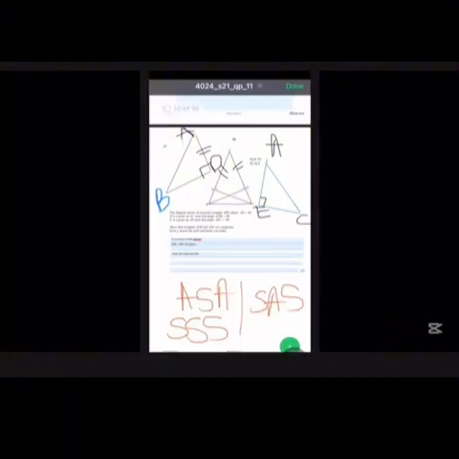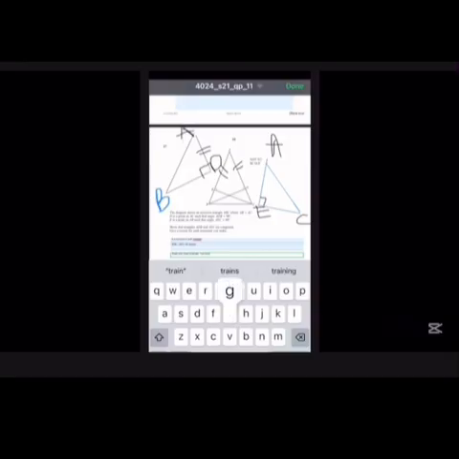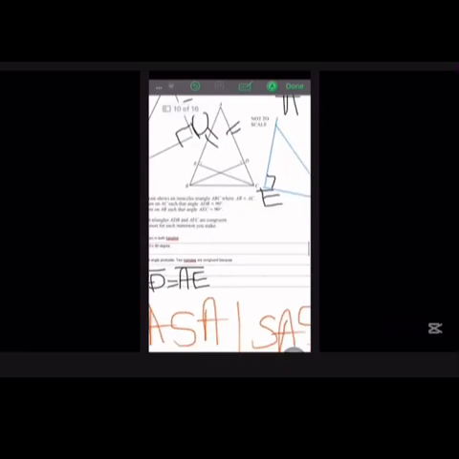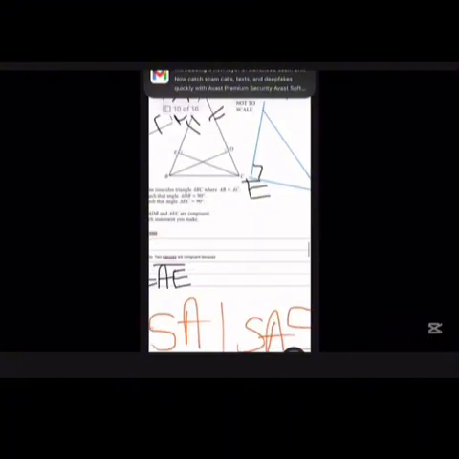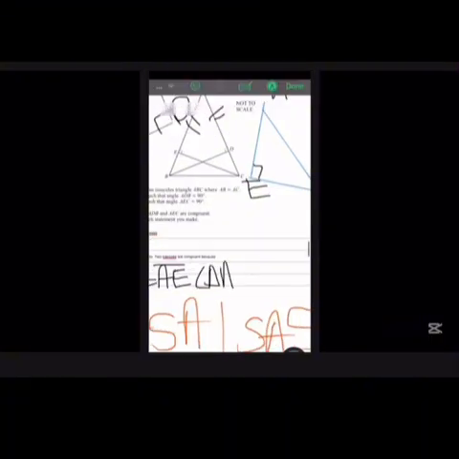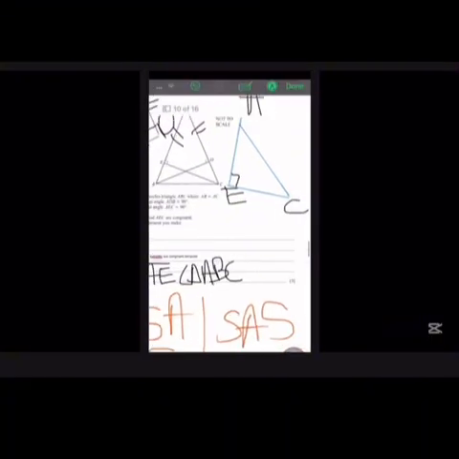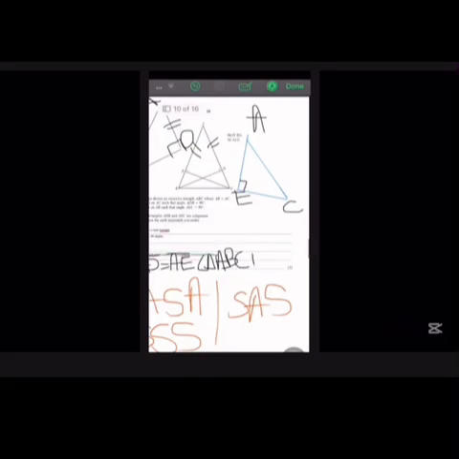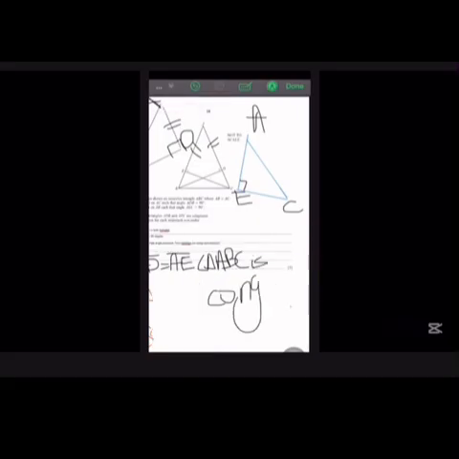We'll write here the triangles are congruent, and now I'll write why they're congruent, because we can see that AD and AE both are the same, and triangle ADB is congruent to triangle AEC.